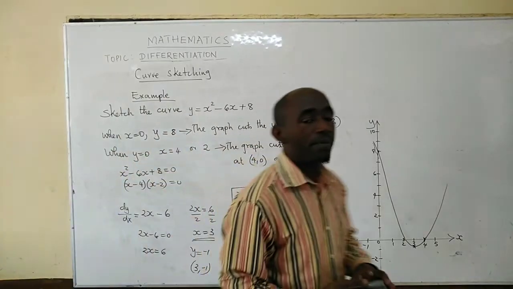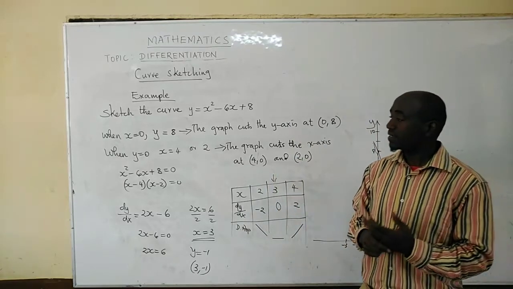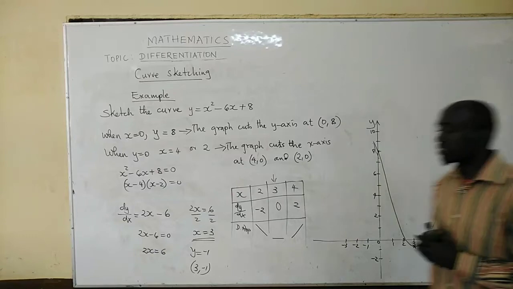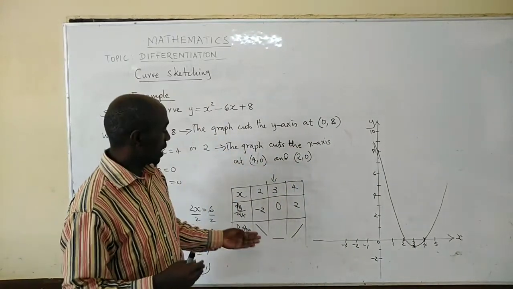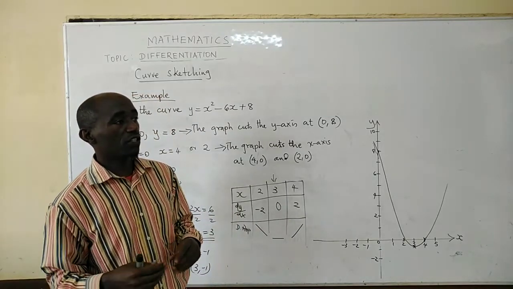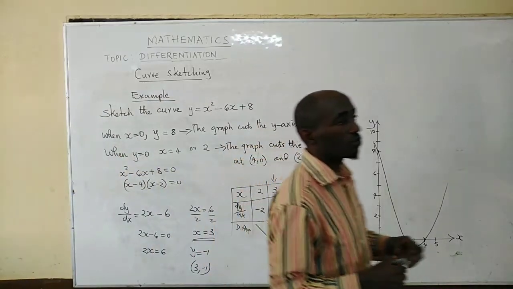So my dear learner, that is how we do curve sketching. We find some important features of the curve, then we just draw the curve. In some cases, you may have a graph which has more than one stationary point. So you must find the two stationary points, then you draw the curve the way it is required.